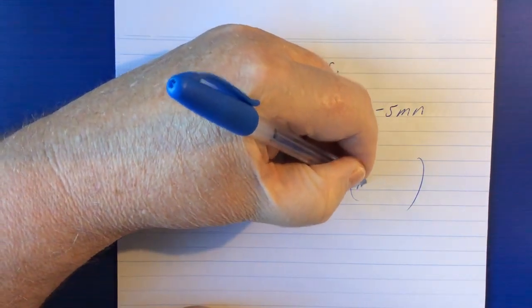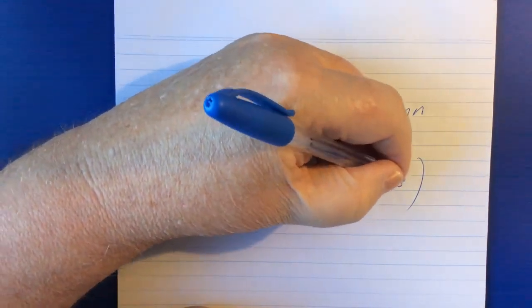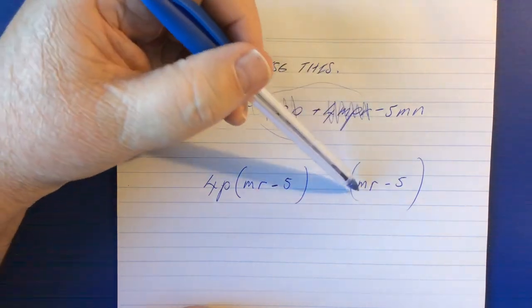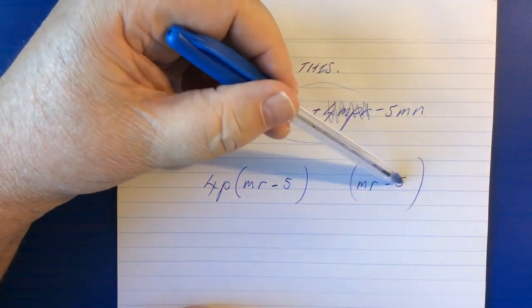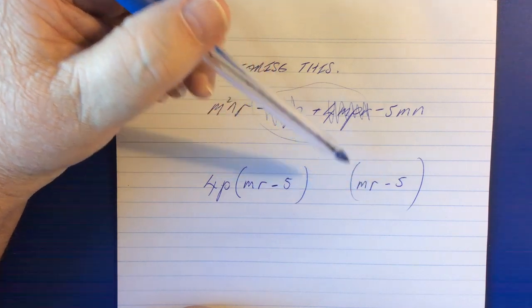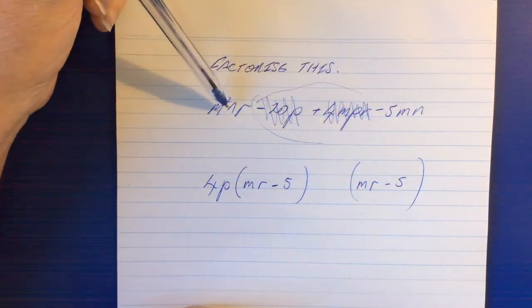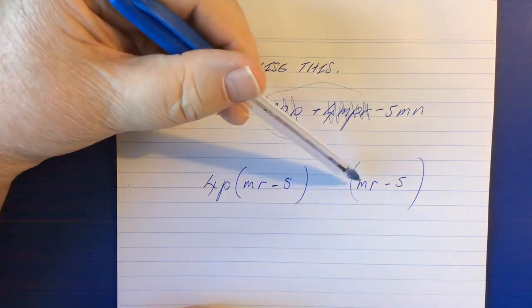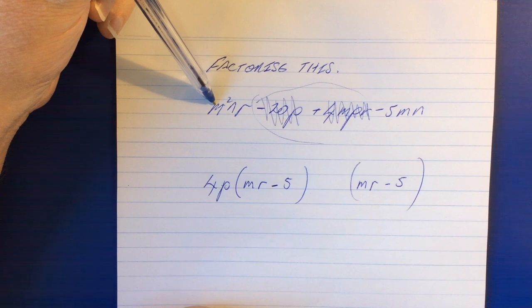So let's try and see if we can find something that these 2 things multiply to give us that and that. And so let's start with the m.